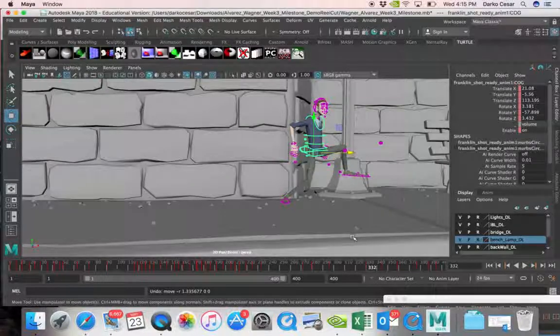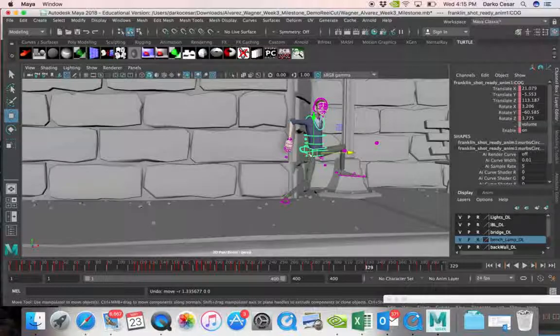That turn of the body I was already talking about, how it has to happen as a chain reaction. If you start with the head, it goes from the upper torso with the spine controls, and finally the hips are turning.